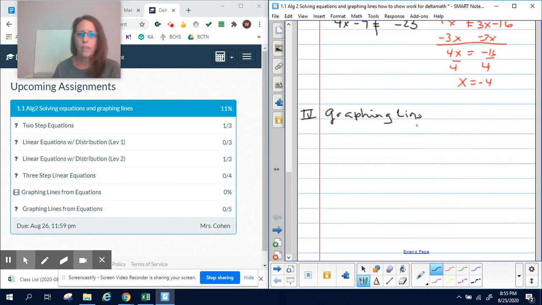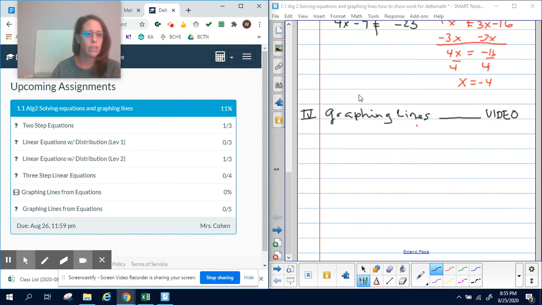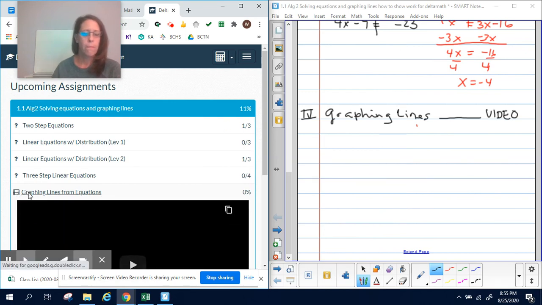So graphing lines from equations, and then please put video. And what you're going to do when you watch the video is write down the examples from the video in your notes. I have to click on it with that. So I think it'll work. Oh, there we go.